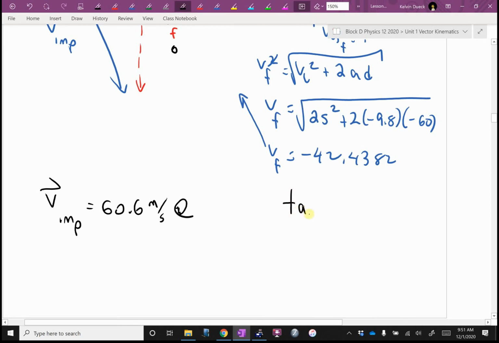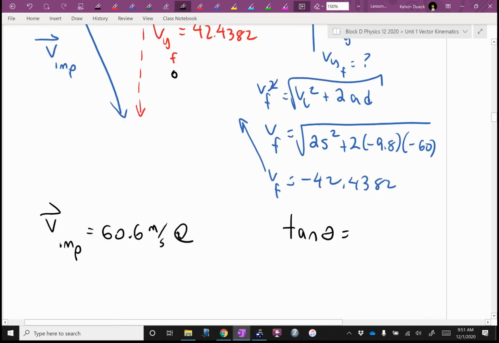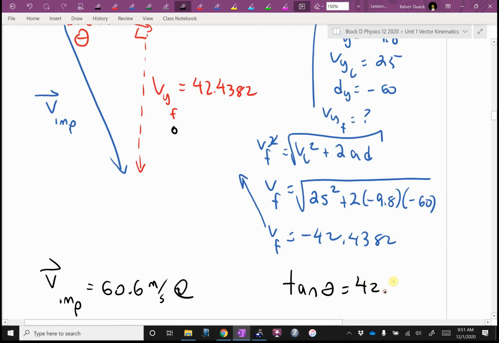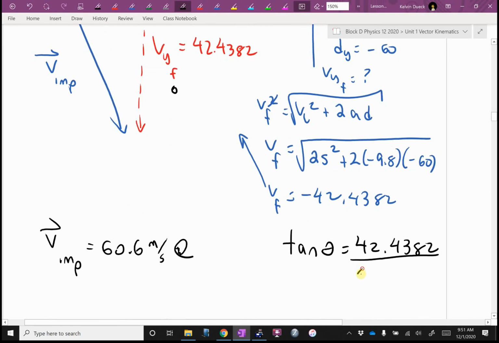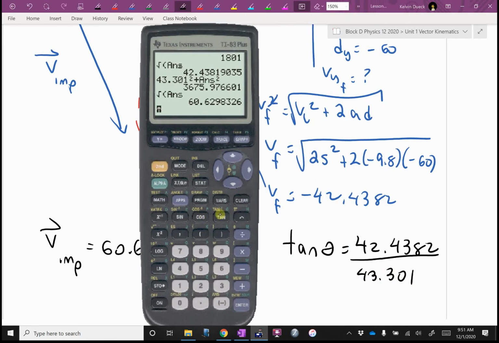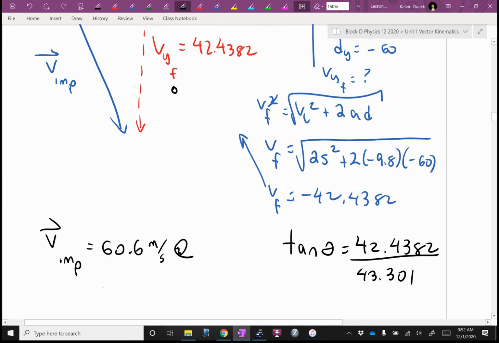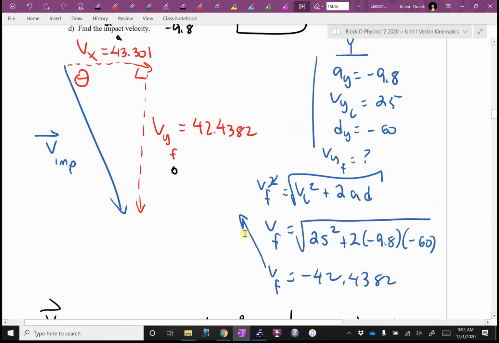So tan theta equals opposite 42.4382 over adjacent 43.301. 44.4, really close to 45 degrees, which I kind of expected. 44.4 degrees. What of what?